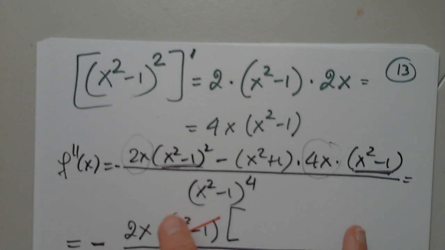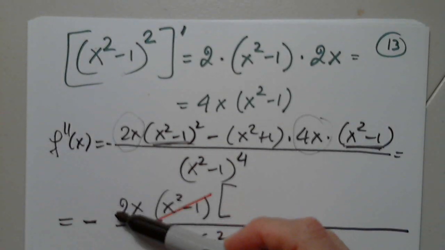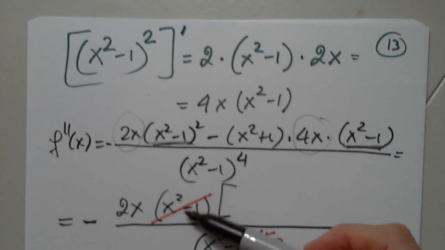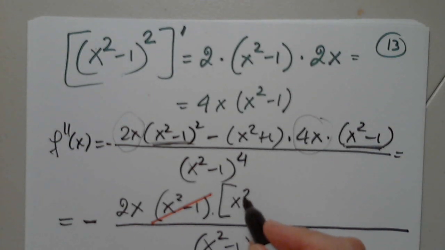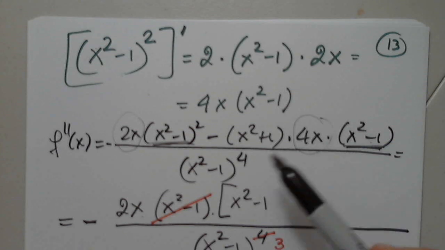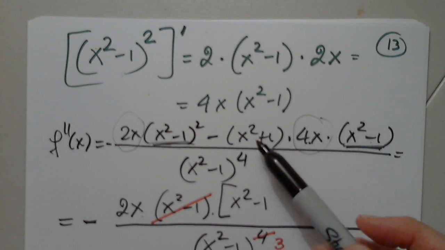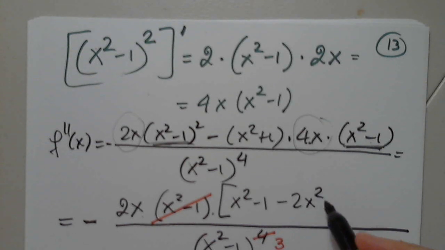You have to factor out first before you simplify. Okay, so let's see what is left. 2 is out, x is out, one of these two is out, so one is left inside. This is out, x is out, but there is a 2 distributed here. So minus 2x squared minus 2.